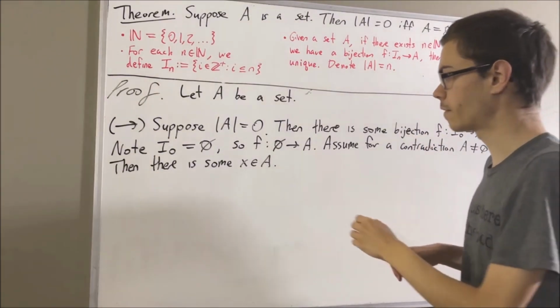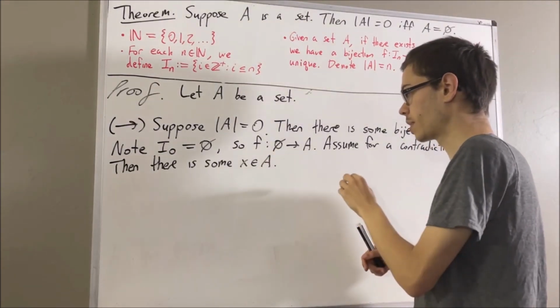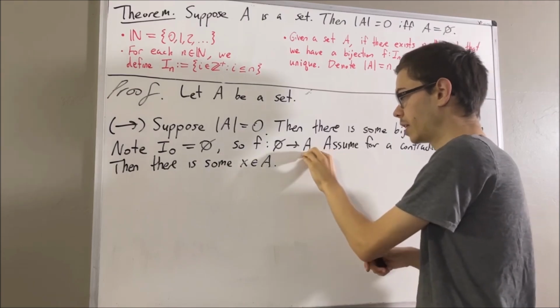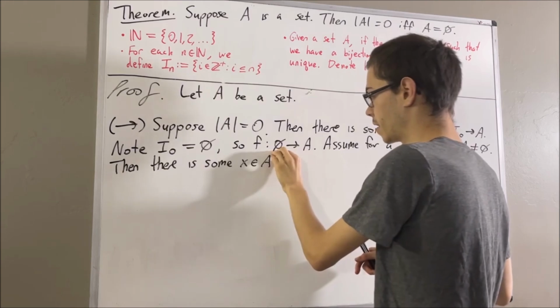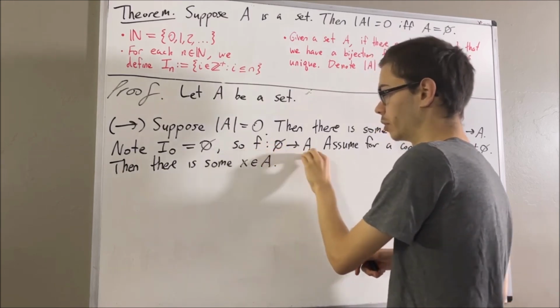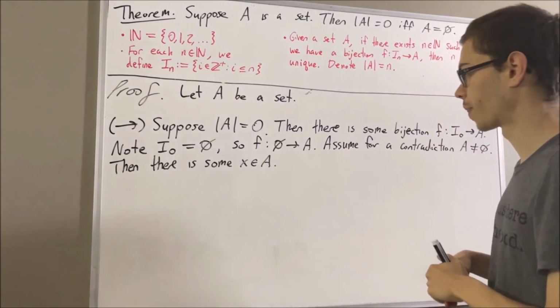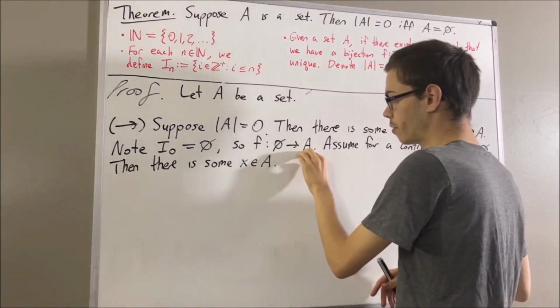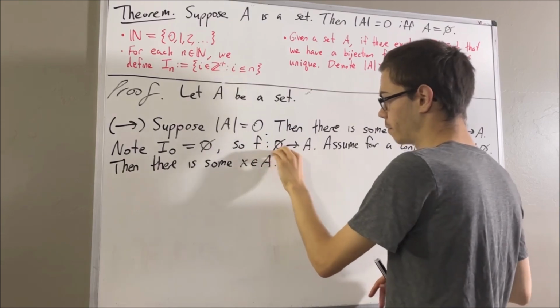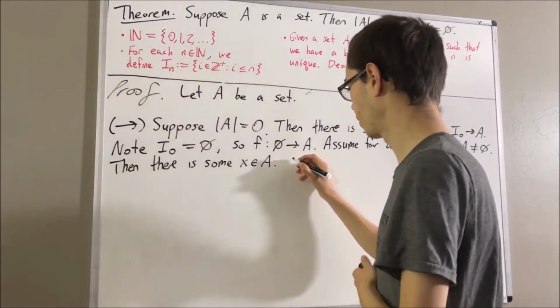And what does it mean for F to be surjective? Well, this means that for every element q in A, there is an element p in the empty set such that F of p is equal to q. So, since x is an element of A, there is some element p in the empty set such that F of p is equal to x.